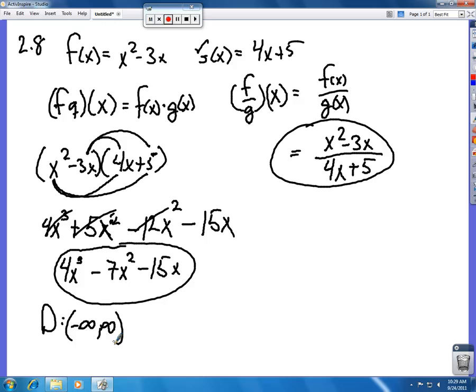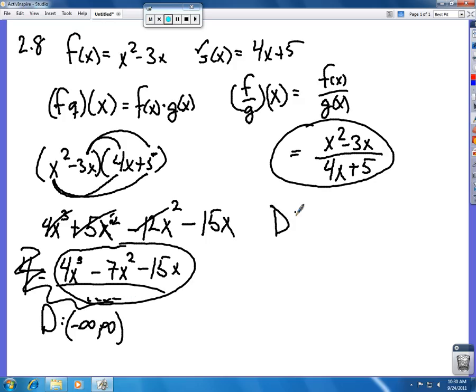If you're confused on how I'm looking at this, we covered section 2.3, and it talks about this much more in depth. There are no restrictions here, so there's nothing being divided by it. There's nothing down here which would cause a restriction, and it's not set equal to some value that would cause a restriction. So you don't have a restriction on your x value, which is your domain.